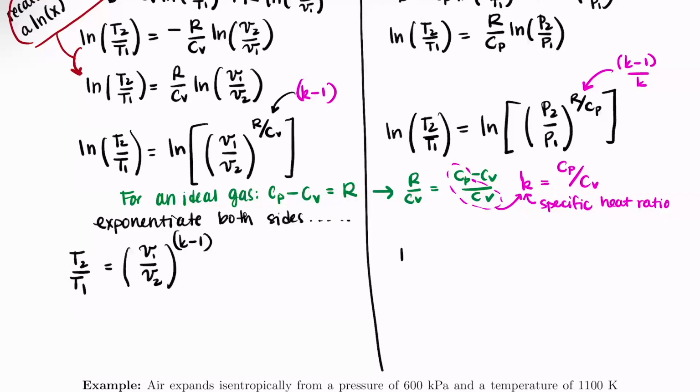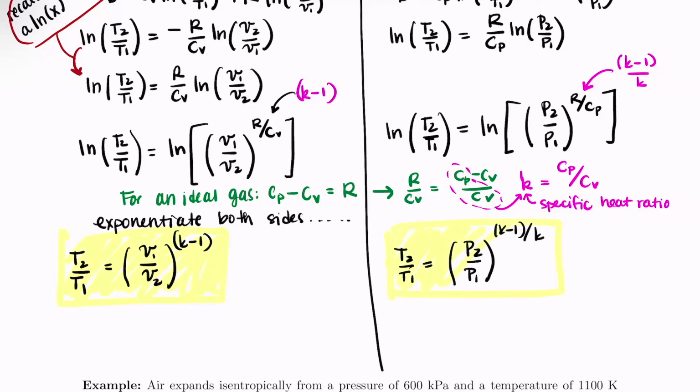And then I also have T2 over T1 is equal to P2 over P1 raised to the power k minus 1 divided by k. Okay, so these are very handy relationships to use.